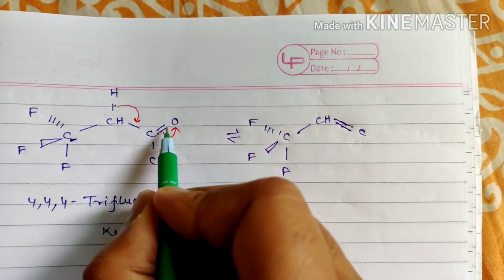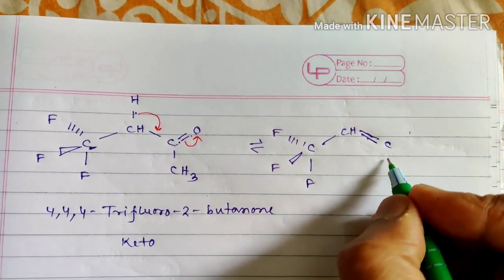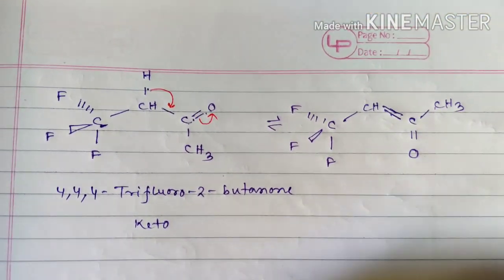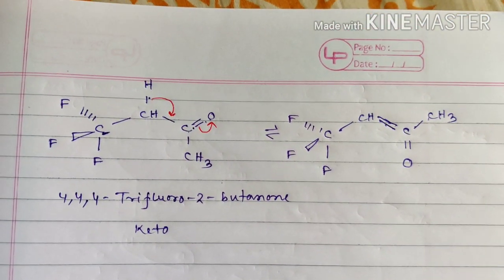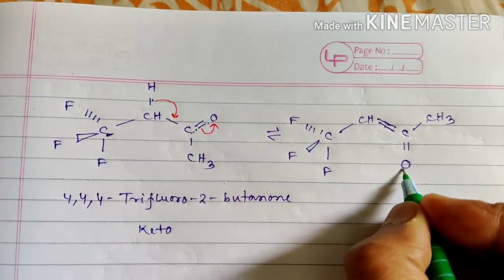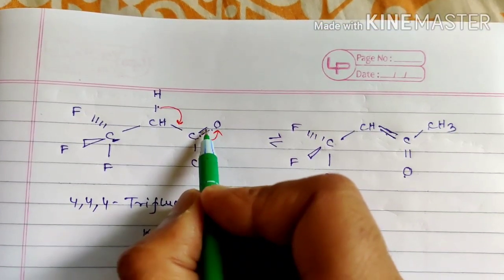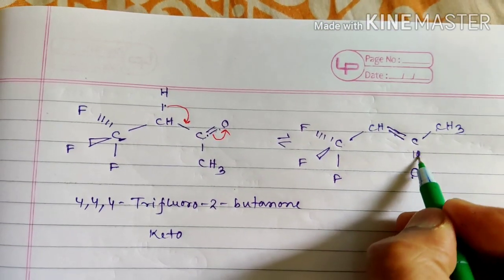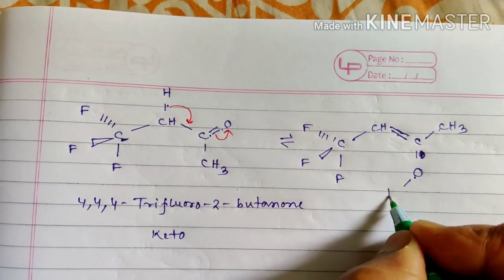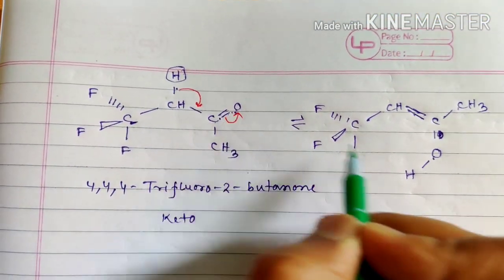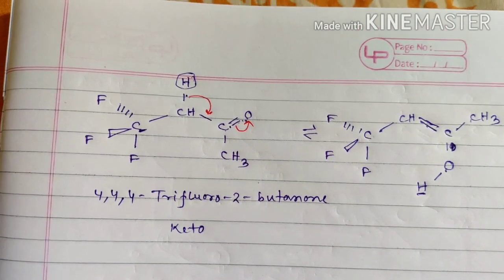Now, instead of writing this C double bond O on this side, if I write it on this side, and if I write CH3 over here, then with this O, it was C double bond O, but now it should be OH, because this hydrogen will be shifted here. That means this hydrogen is here.